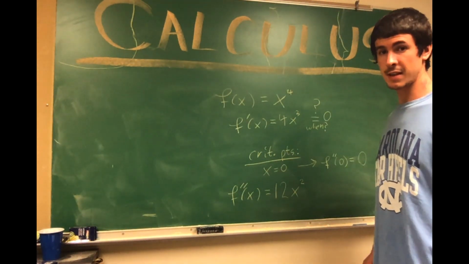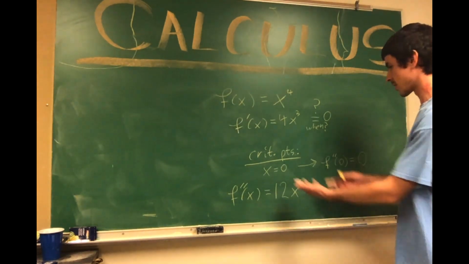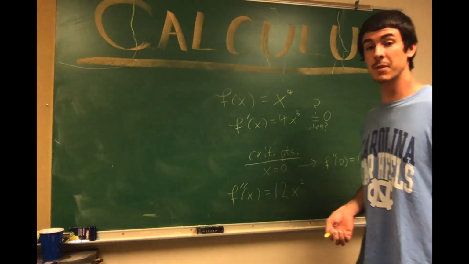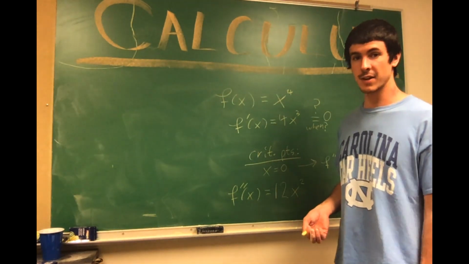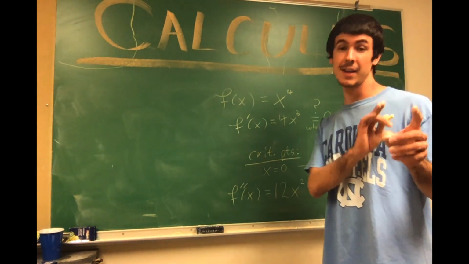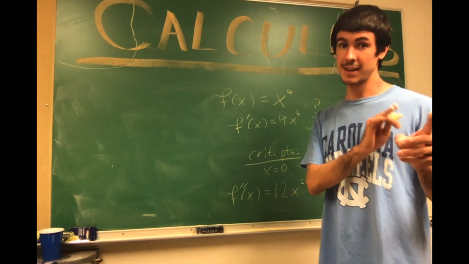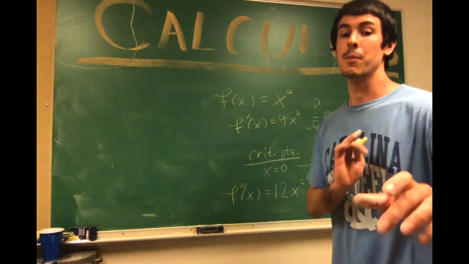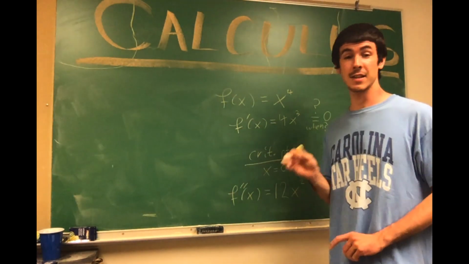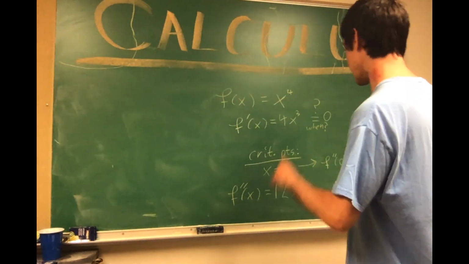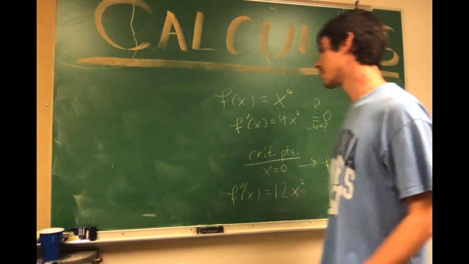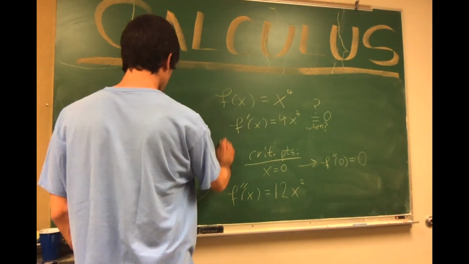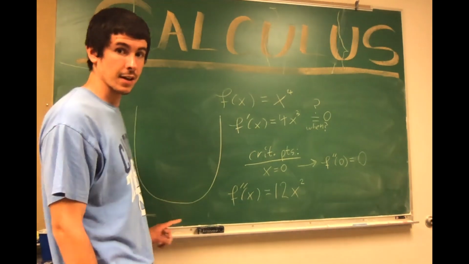And you might say, well, okay, it's a critical point, and the second derivative is 0, but if it was a max or a min, then the second derivative would either be positive or negative. But no, it doesn't work that way. If the second derivative is positive or negative, it will be a min or a max, but it doesn't work the other way around, because here we actually do have a minimum. As you can see, if you draw the graph of x to the fourth, it's kind of like a cup.